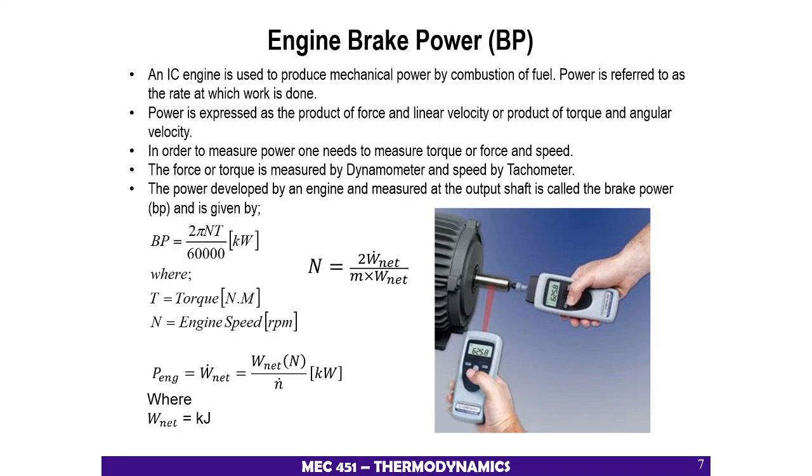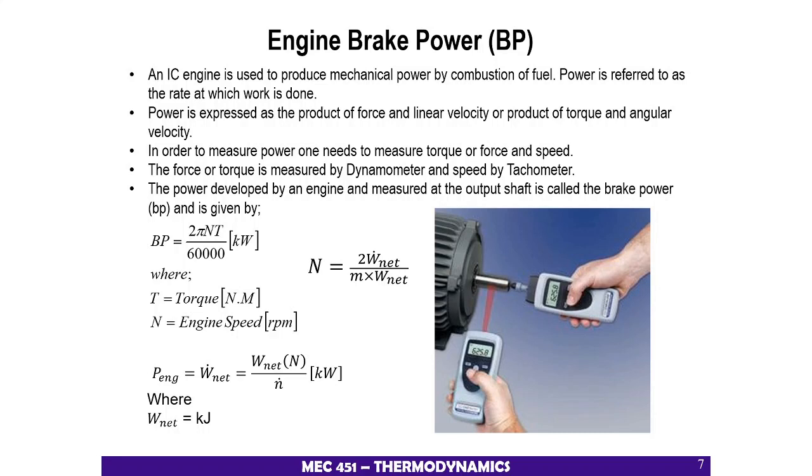Engine brake power. An IC engine is used to produce mechanical power by combustion of fuel. Power is referred to as the rate at which work is done. Power is expressed as the product of force and linear velocity, or the product of torque and angular velocity. In order to measure power, one needs to measure torque or force and speed.